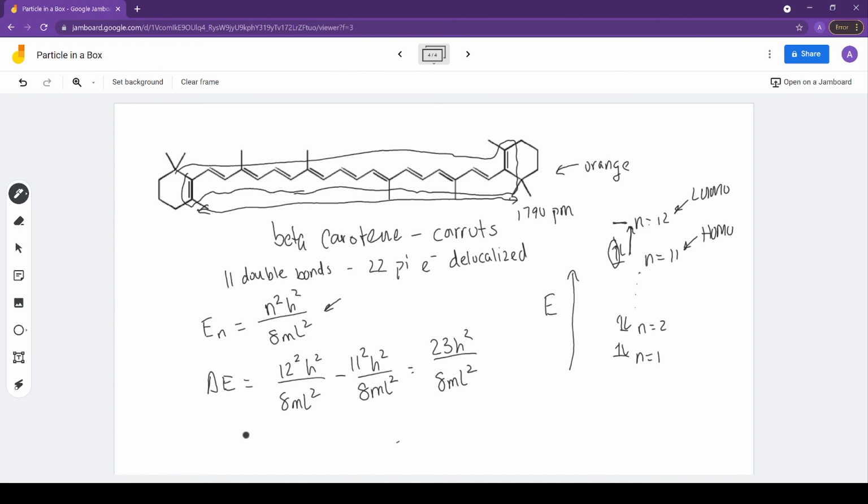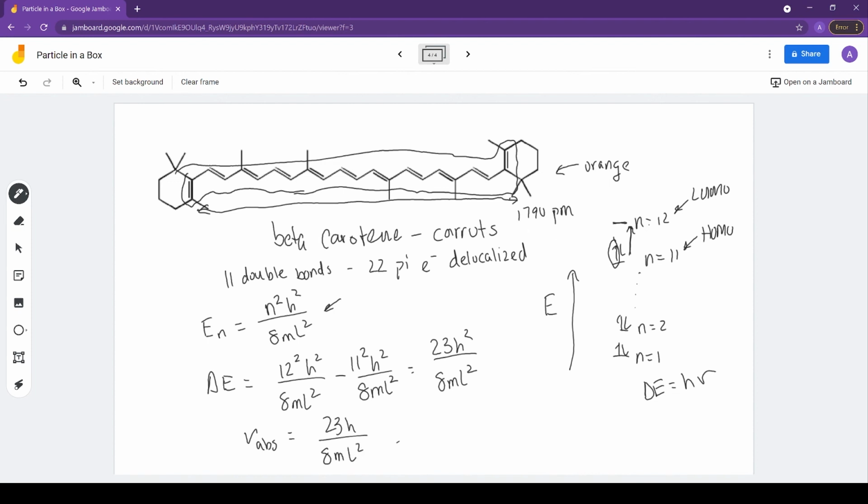If we want the frequency, remember that the delta energy is equal to Planck's constant times the frequency. So we just need to divide by Planck's constant. The frequency absorbed will be 23 h, not squared because now we're dividing by Planck's constant, over 8 m L squared.